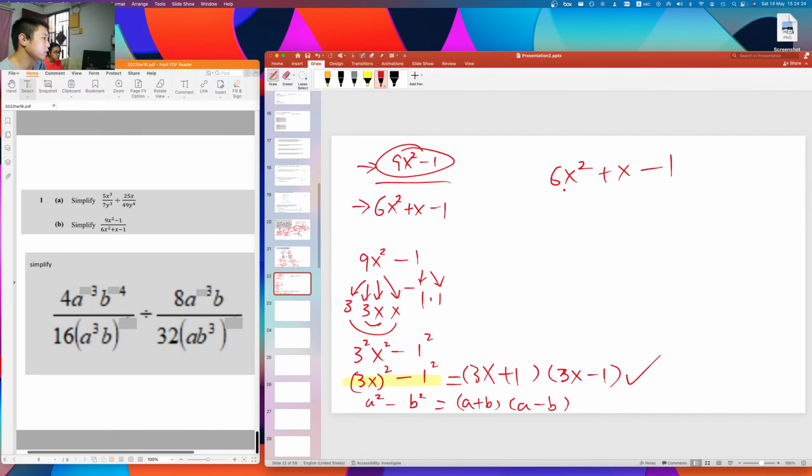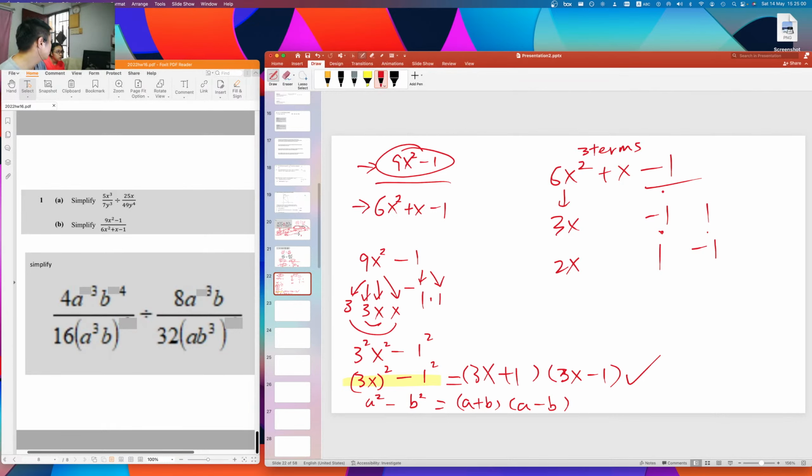So how do you get 6x squared? By the way, this is a 3 term. How do you get 6x squared? 3x times 2x, right? Am I right? Minus 1, right? So minus 1 can be minus 1 times 1, can be 1 times minus 1 also, right? But only these two possible answers.